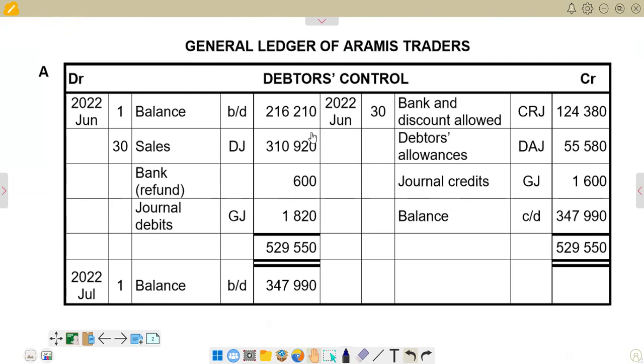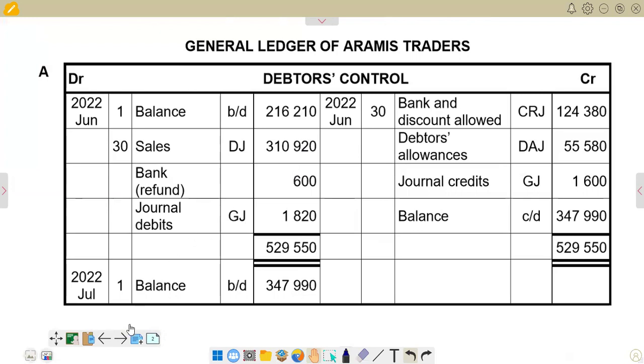We are going to make additions for omissions that were made, and also make corrections if there are errors made in the preparation of this debtors control. So we are going to reproduce this debtors control, make some additions, and then make some corrections if there are errors.